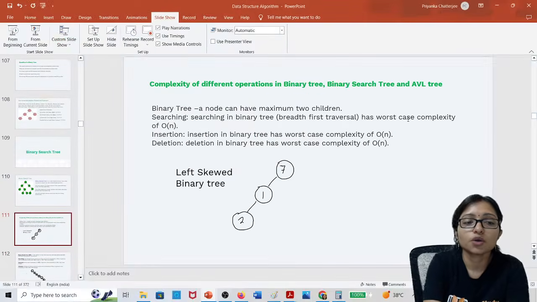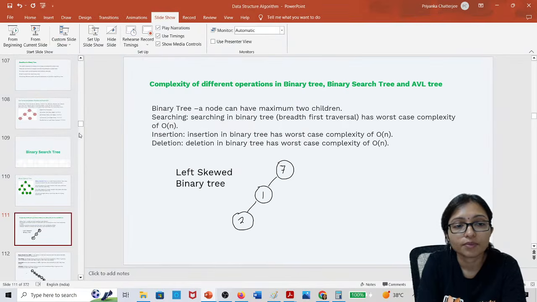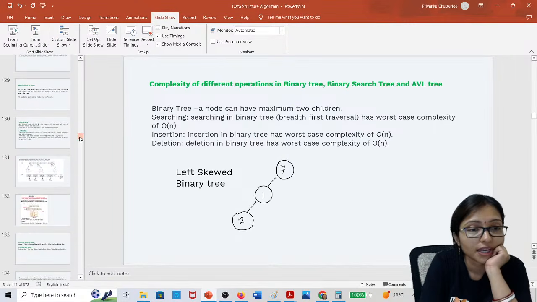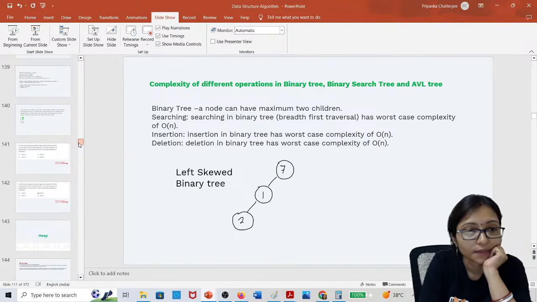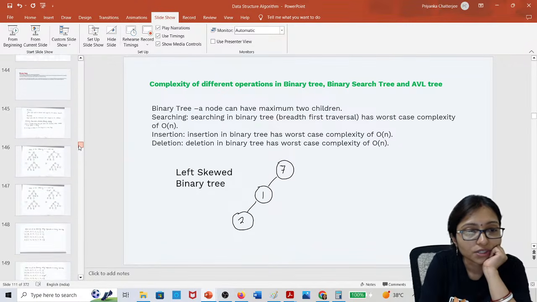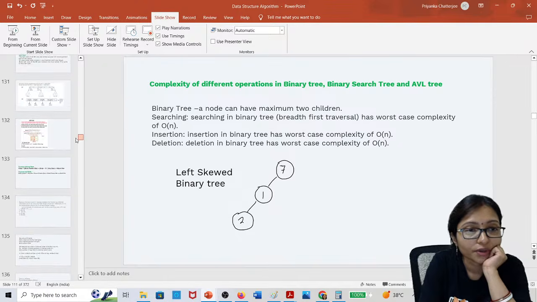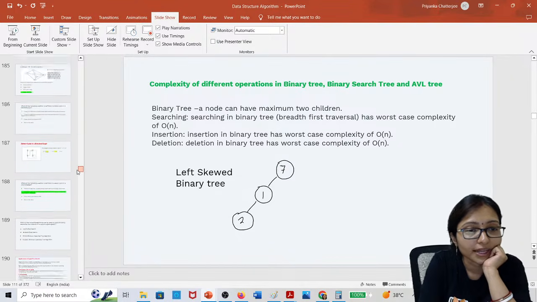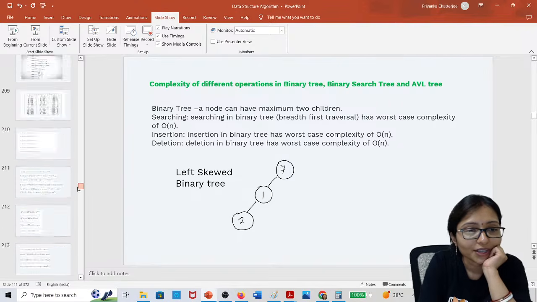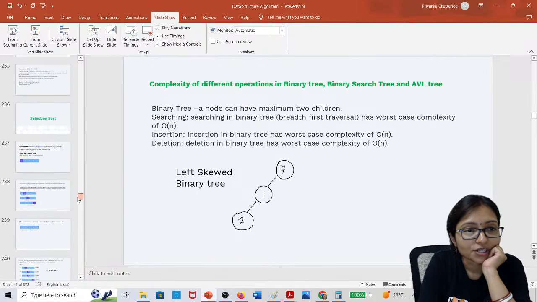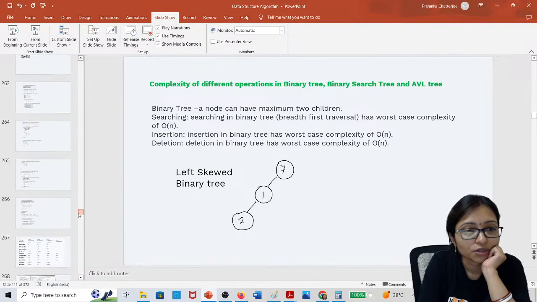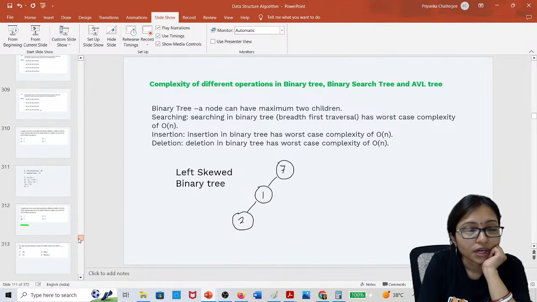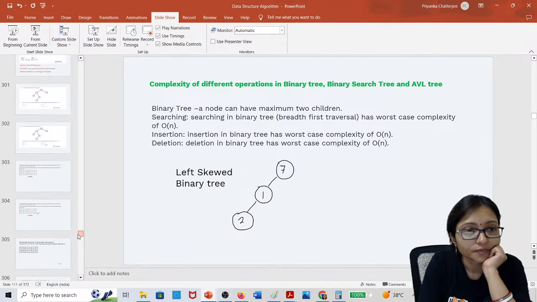Now let's go for the question directly, because if I am doing lots of theory, then you will be thinking a little bit, what is the ma'am doing, ma'am is not asking questions, we came here to do questions. Maybe you will think like that. So let's go for the questions first. Binary search tree questions, all types of questions we will do. After that I will come back to the topic again.